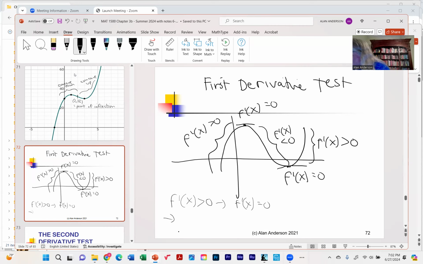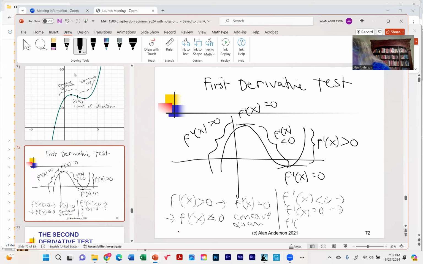I'm just putting these little arrows to indicate the direction. This pattern from positive to 0 to negative indicates concave down. And the opposite pattern, going from negative to 0 to positive, must mean concave up.